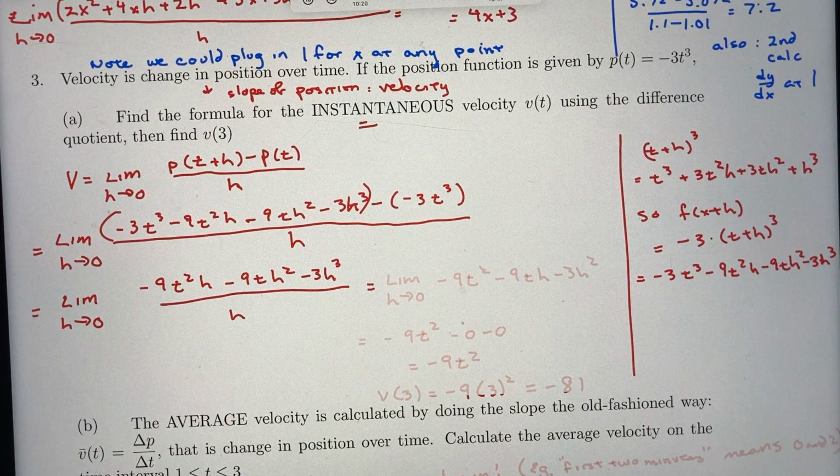So cancel out an h. There's my velocity formula, and then v of 3 is negative 81. There we go.